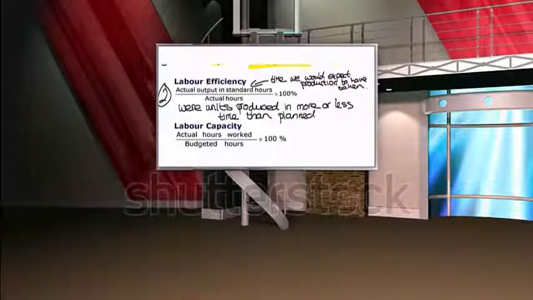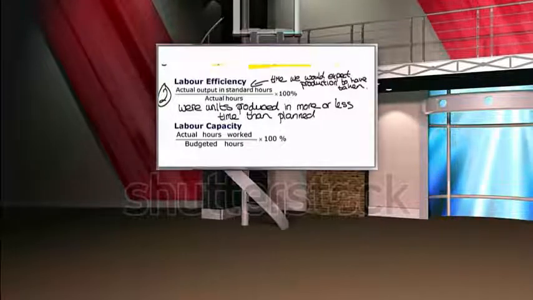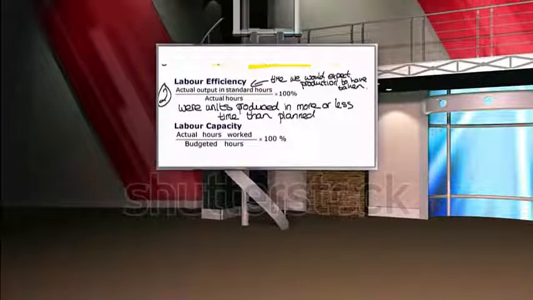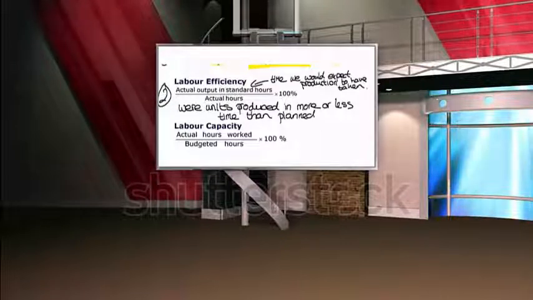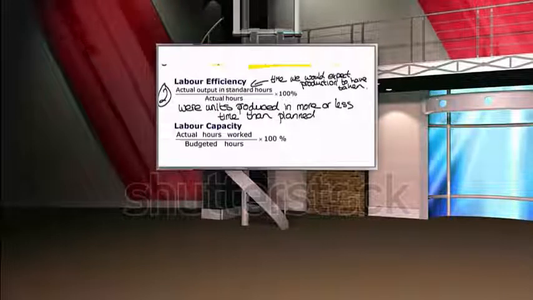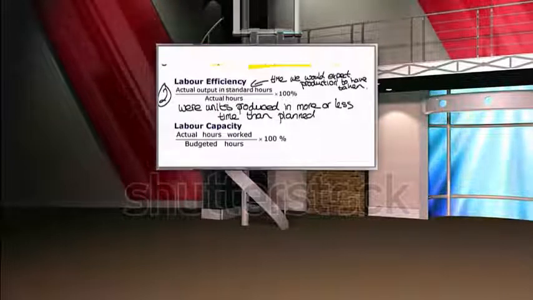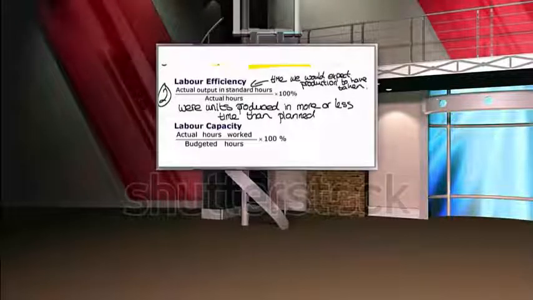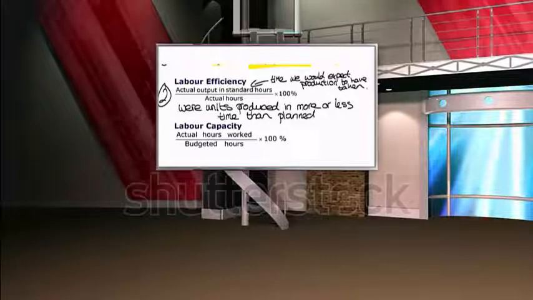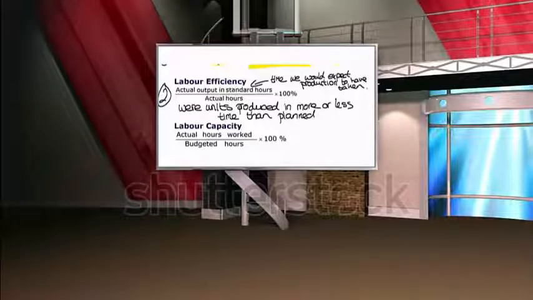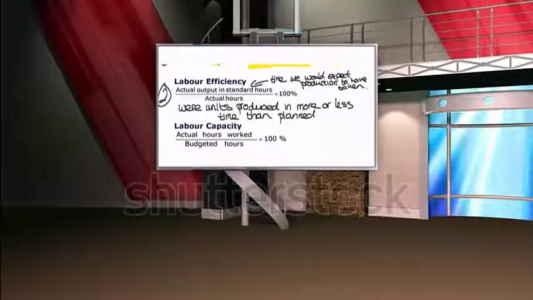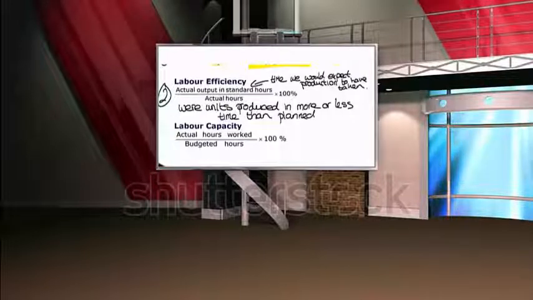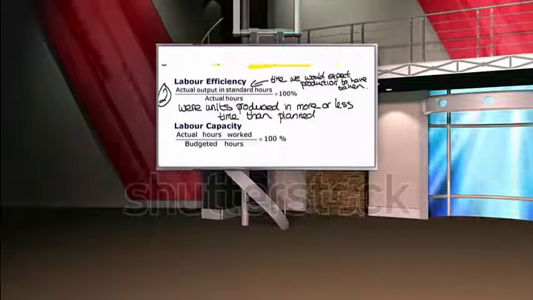We divide that by the actual time it has taken and multiply it by 100%. Now what we want to have is a labour efficiency ratio of greater than 100%. If this ratio is more than 100%, it means that our staff have been more efficient than expected. So it has taken them less time than we expected them to produce each unit.